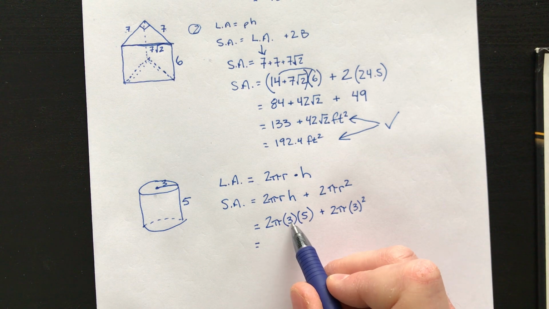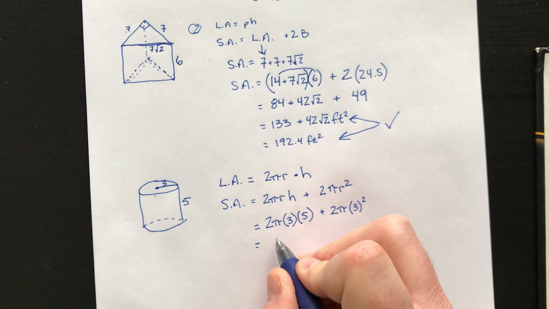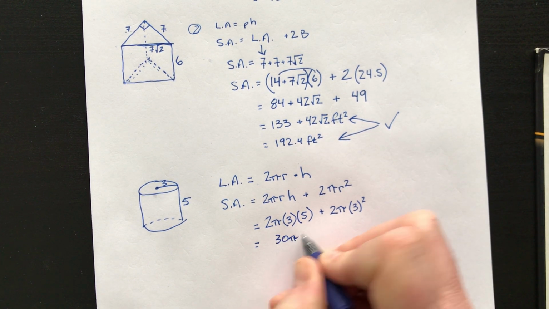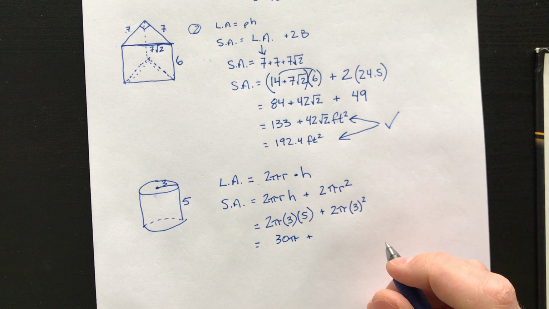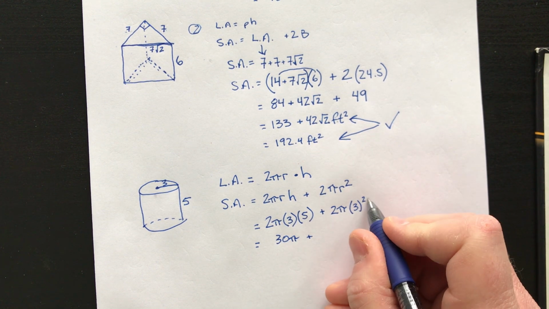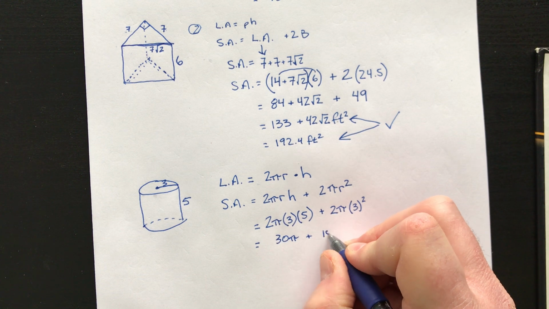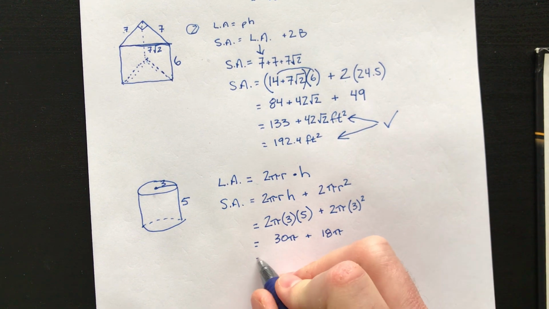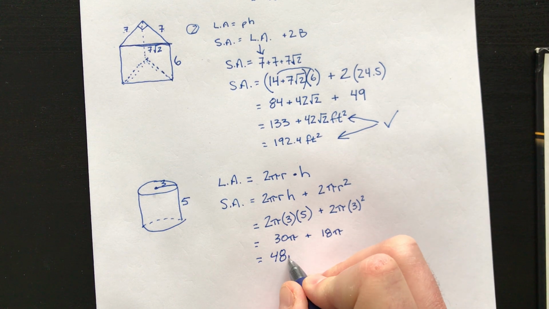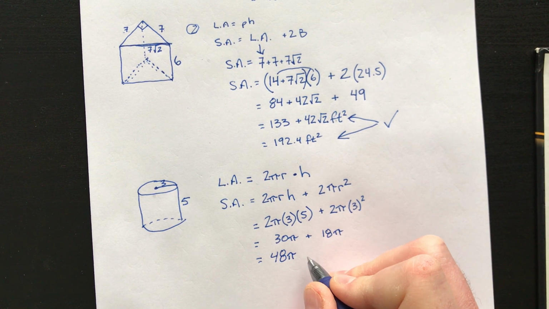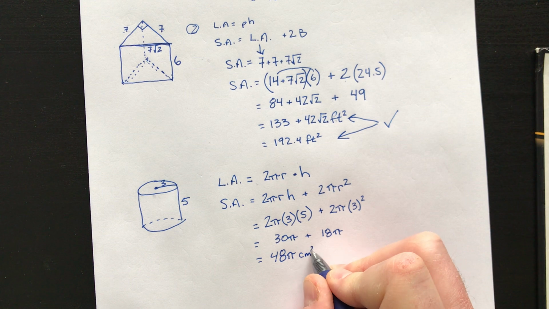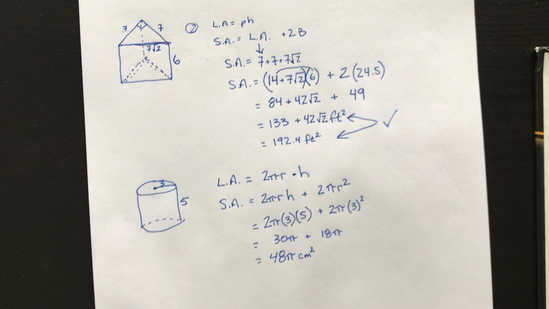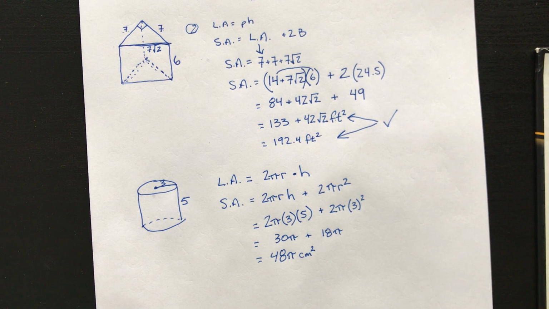So 2 times 3 is 6, 6 times 5 is 30, so we have 30 pi right here, all right? 3 squared is 9, 9 times 2 is 18, we have 18 pi right here. We can just add these together, 48 pi, and this is centimeters squared. So that is your area of that first cylinder.